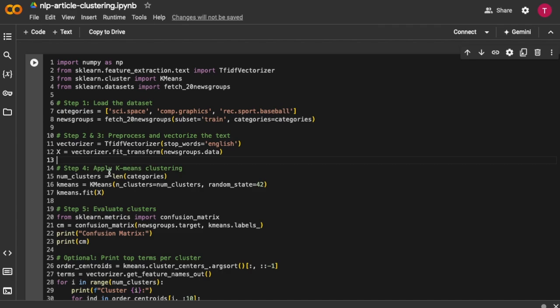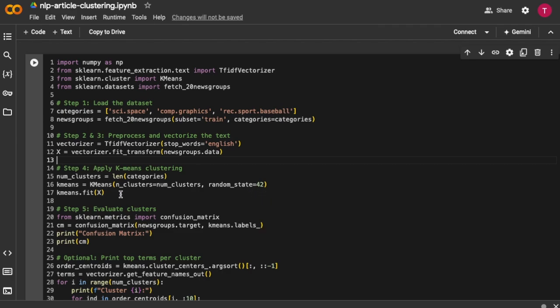And then I will apply k-means clustering. I will define the number of clusters as the length of my categories. So I had 3 categories: space, graphics, and baseball. So my number of clusters is going to be 3. And I will set up the k-means scikit-learn algorithm using the k-means class with the number of clusters equal to my num clusters, which is 3, and some arbitrary random state, which I'll set to 42.